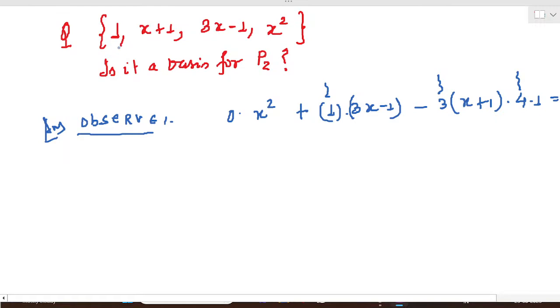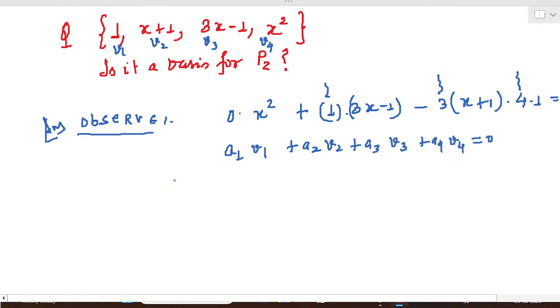Let's say this is your V1, this is V2, this is V3, and this is V4. Now a1 V1 plus a2 V2 plus a3 V3 plus a4 V4 is equal to 0, and not all the ai's are 0. What does it imply?